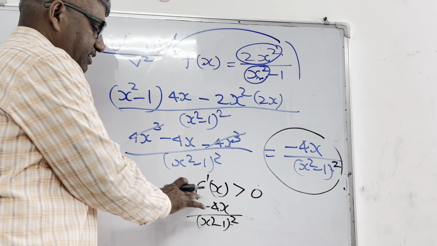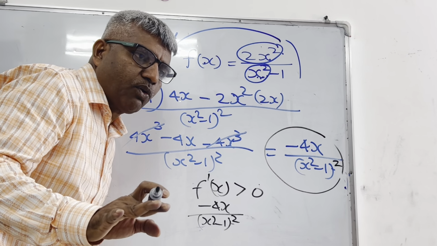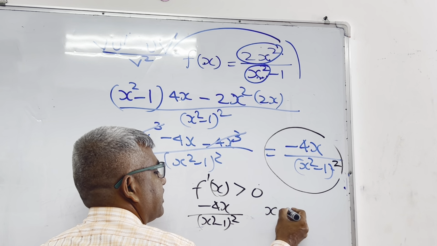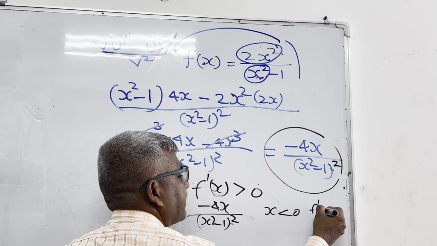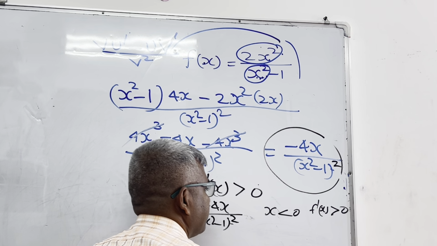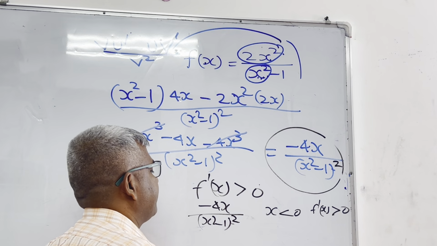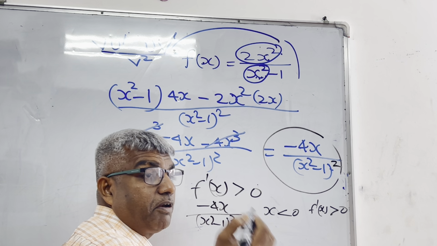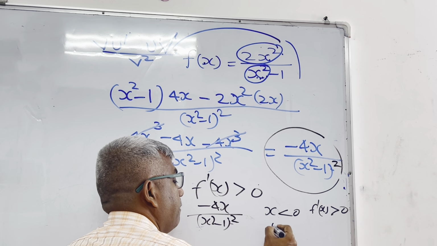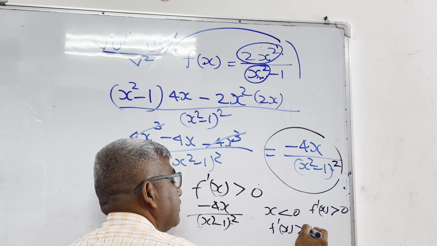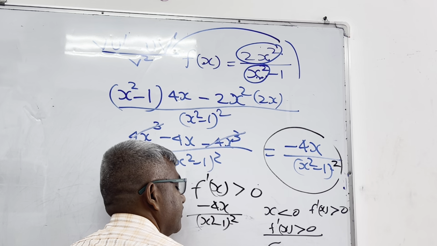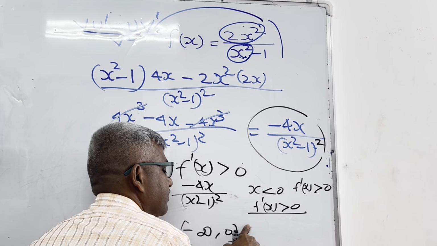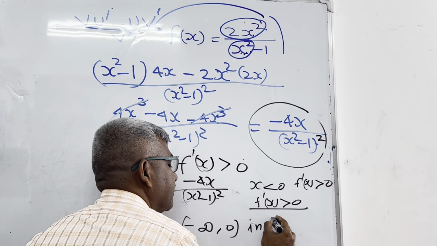Minus and minus is always negative. Now our rule: when x is less than 0, f dash x is greater than 0. For example, x is minus 1. Minus 4 times minus 1 will be plus 4, so f dash x is positive. So it is increasing. Less than 0 means minus infinity to 0, it is increasing.